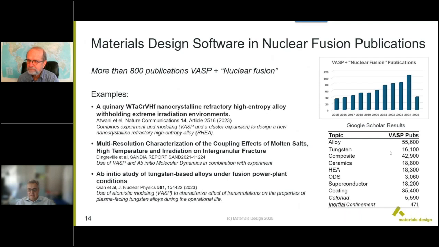And other Google search results, if you search for VASP and alloy, for example, or VASP and tungsten, ceramics, high entropy alloys, oxide strengthened materials, all of this, you find thousands of publications that really have studied these materials using materials modeling approaches.